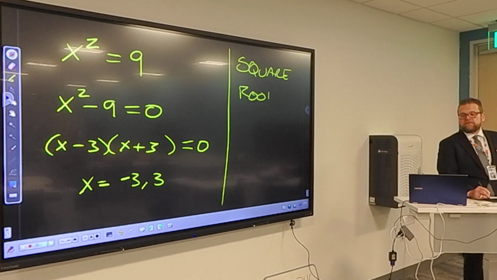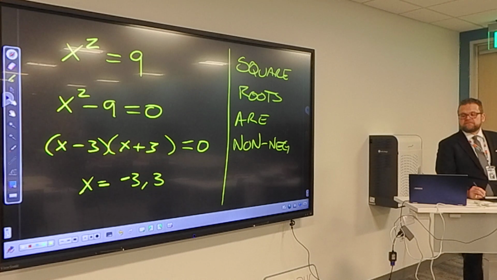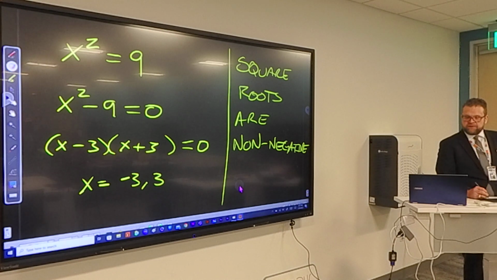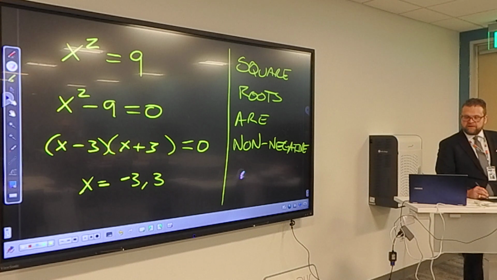Square roots are non-negative. It has an official name: when you take the square root of 9 and get 3, it's the principal root.